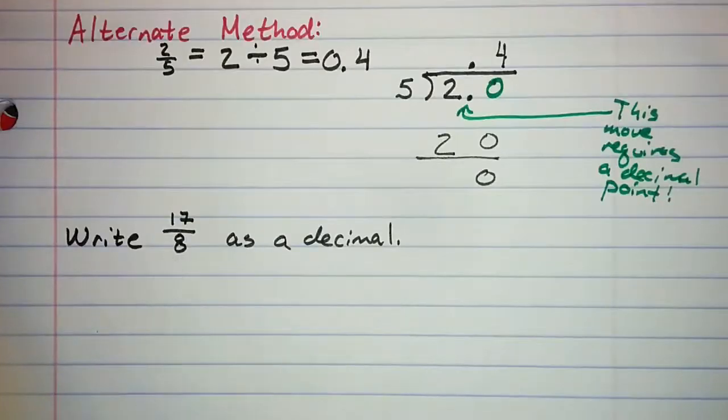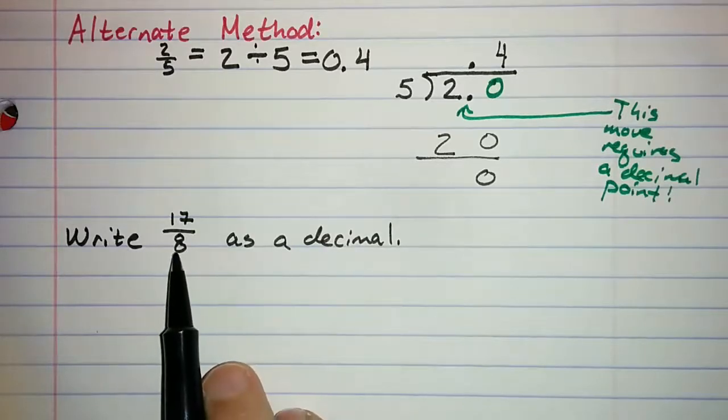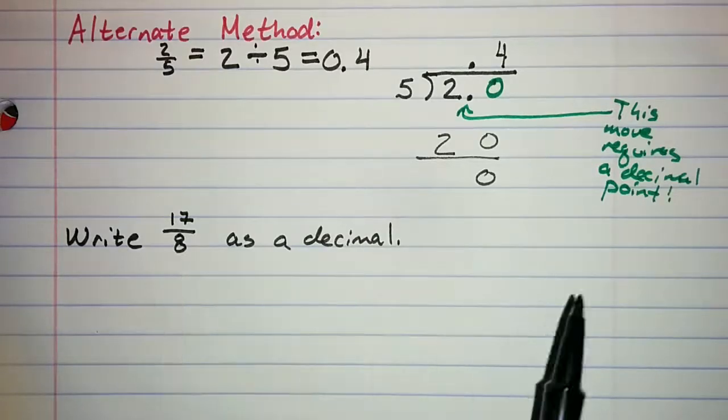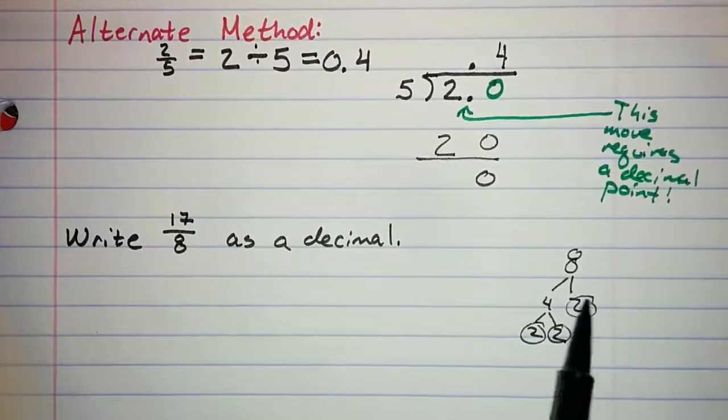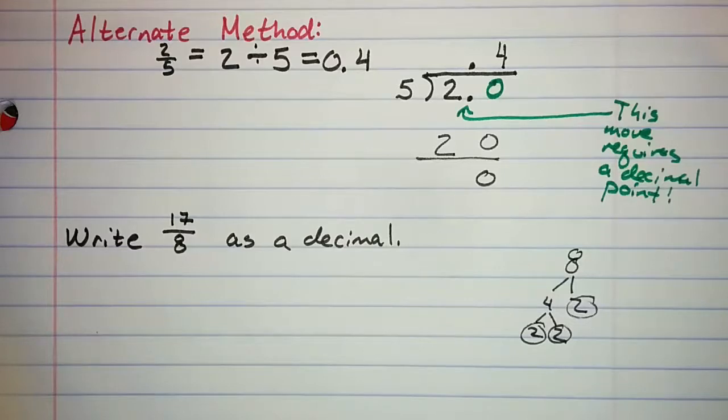Let's suppose we wanted to write 17/8 as a decimal. Well, we could look at the prime factors of 8 and see that 8 has more 2s than 5s among its prime factors. So we know we're going to need to multiply by 5, but I think we're going to need to multiply by 5 several times.